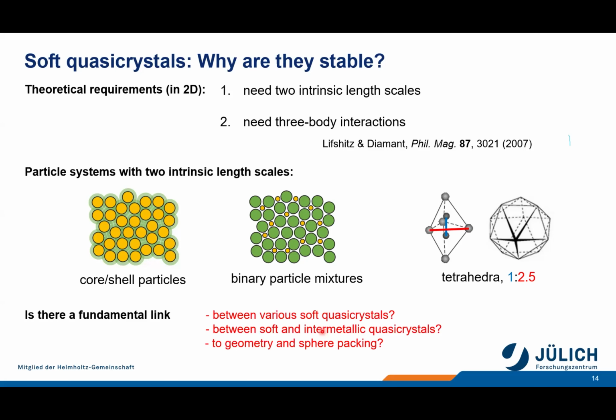So today we are interested in why there are various different kinds of soft quasicrystals, what's the relation to metallic quasicrystals, and if one could learn from the simple soft quasicrystals about why quasicrystals would be stable. Of course, the hard matter metal guys would not like the simple-minded soft matter guys to explain to them why quasicrystals would be stable.